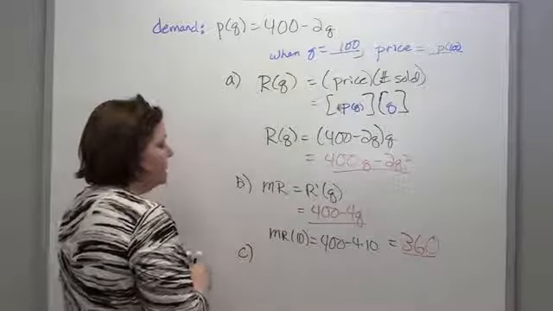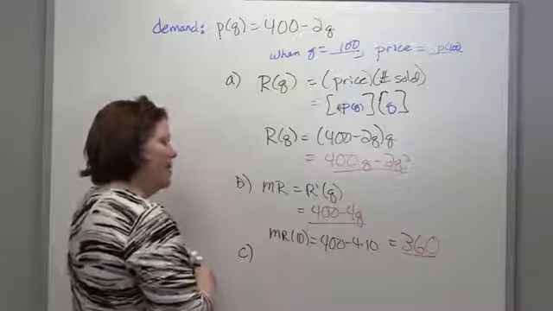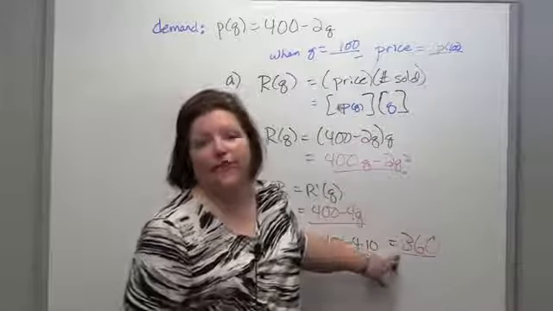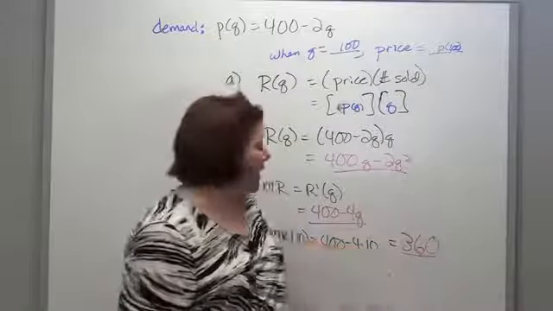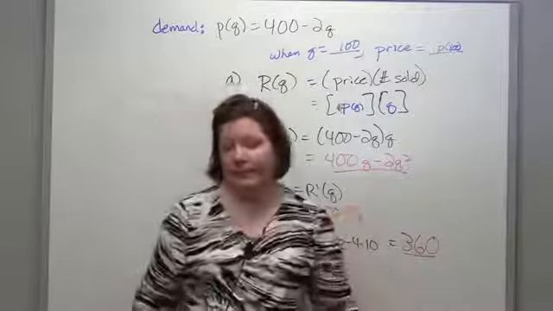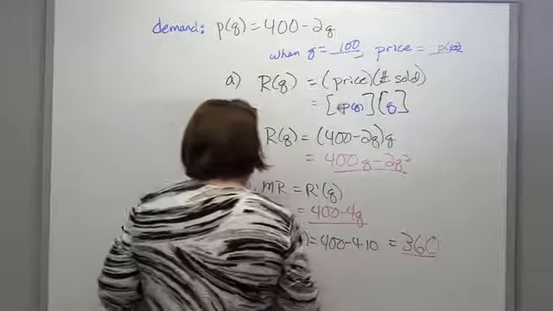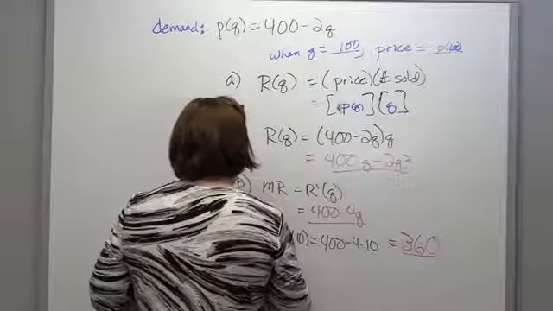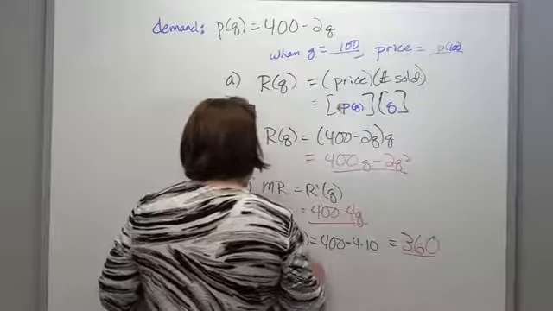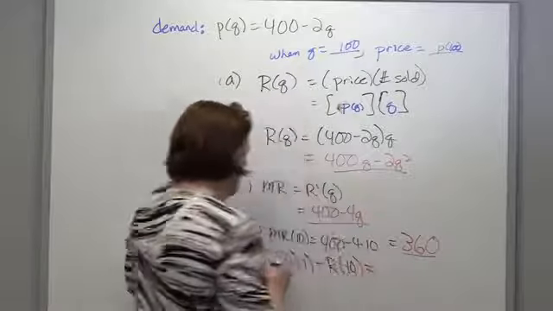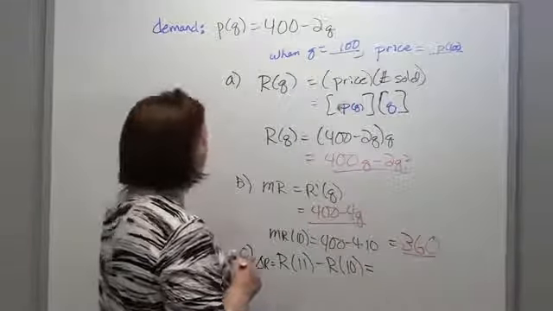And then part C is asking to compare with the actual change. Remember, this estimates the change in revenue when we change from 10 to 11 items. So if we look at the actual revenue, our change in revenue would be revenue of 11 minus revenue of 10.